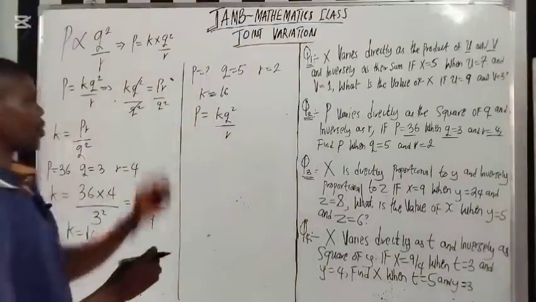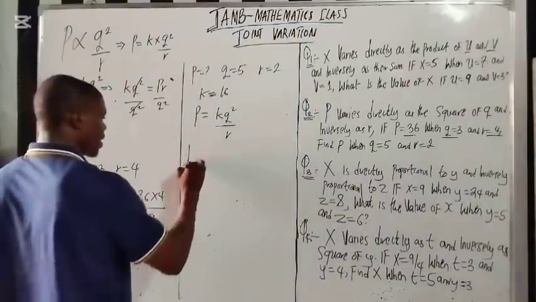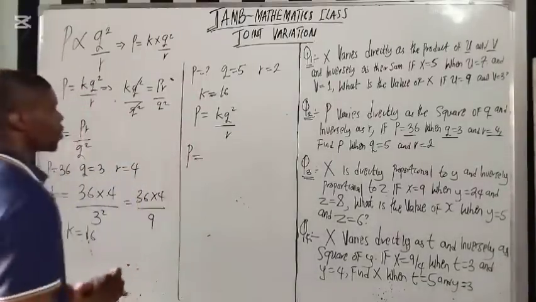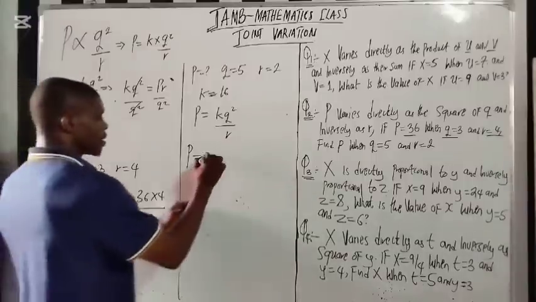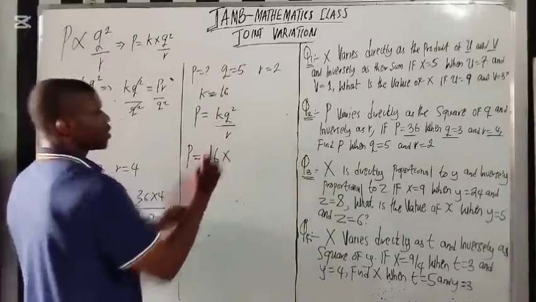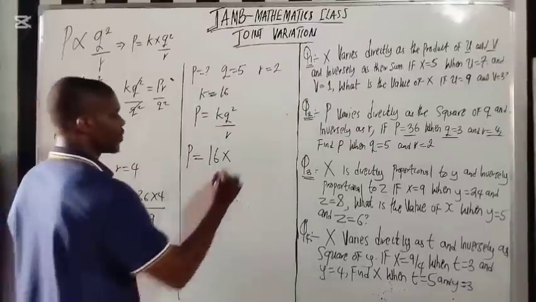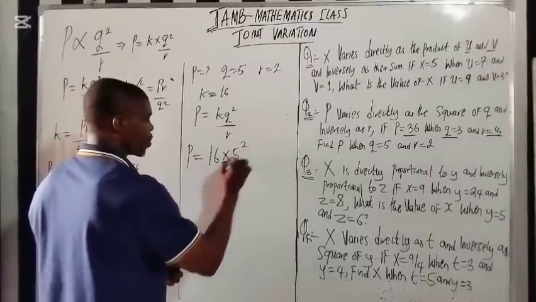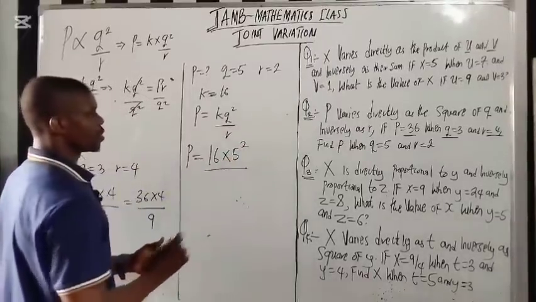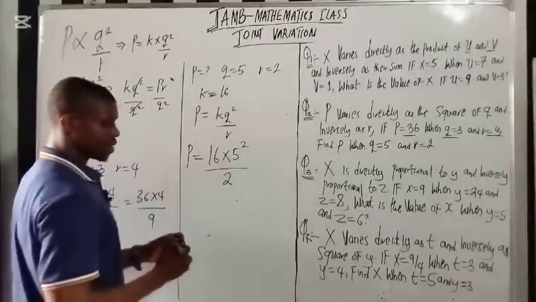So let's input our values. My P is equal to K. What is K? K is 16, times Q, which is 5 squared, over R, which is 2. Can you see that?